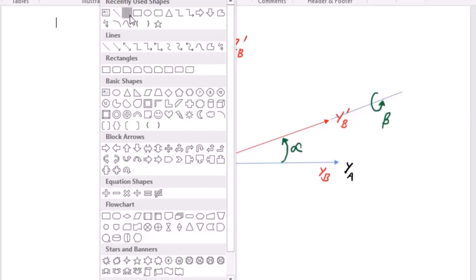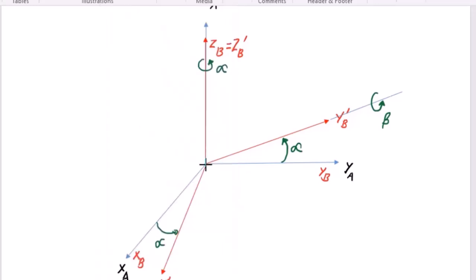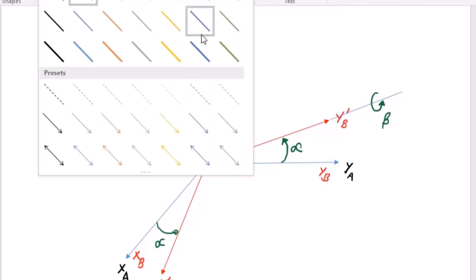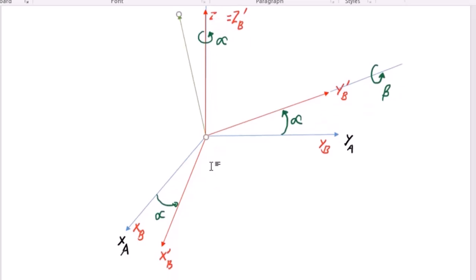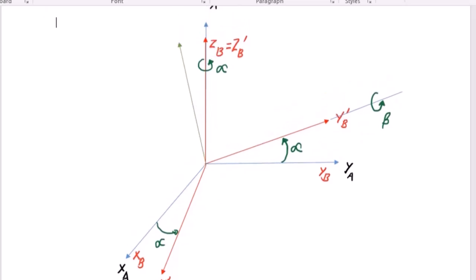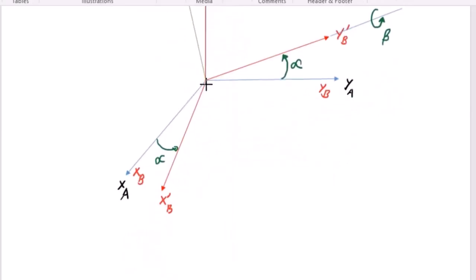I will create another arrow here, but that is the same arrow. It will be here. We'll change color for the different position. Another arrow here.